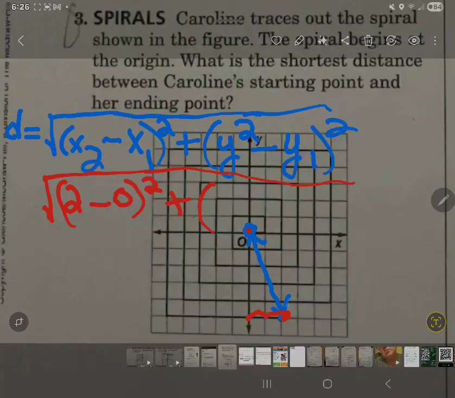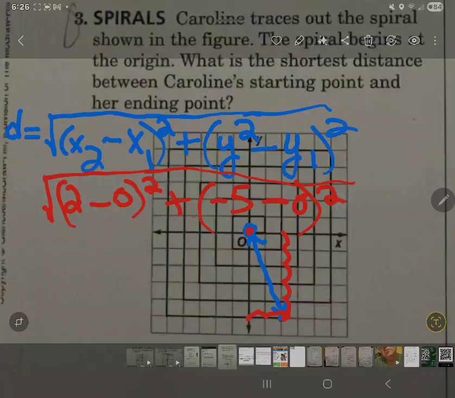Well, it's actually down below the x axis, right? It's going to be a negative number. So 1, 2, 3, 4, 5. It's -5. So -5 minus what's our y value right here at the origin? Well, that's easy. It's 0, isn't it? And then we're going to take all of that and square it.